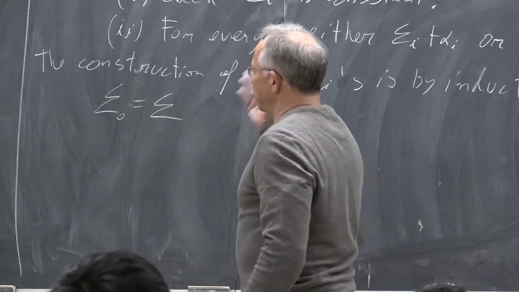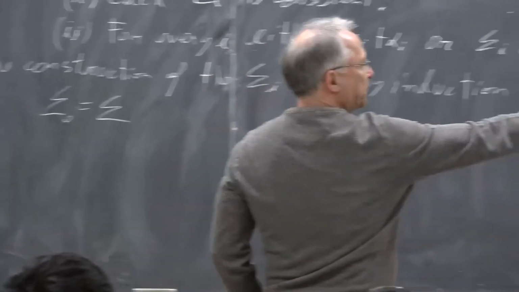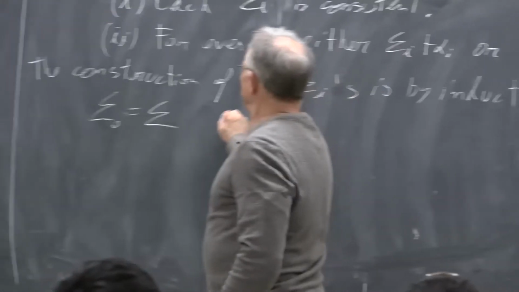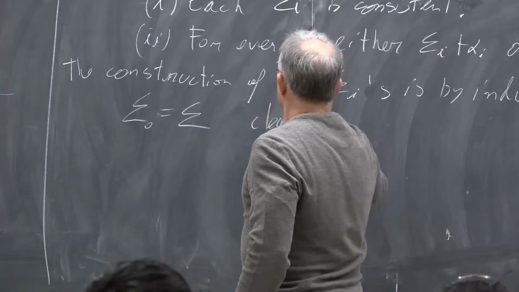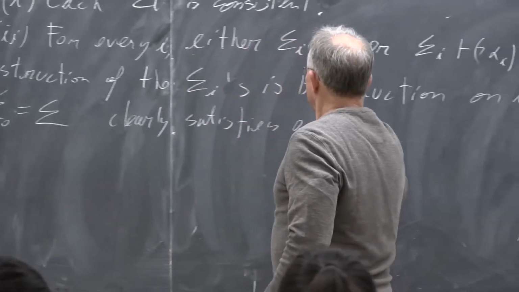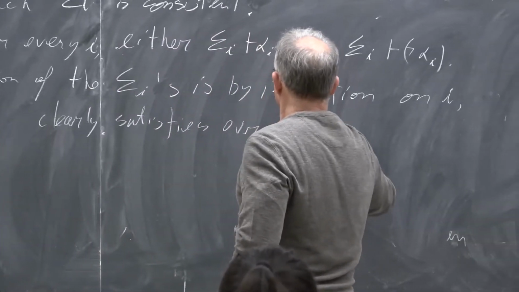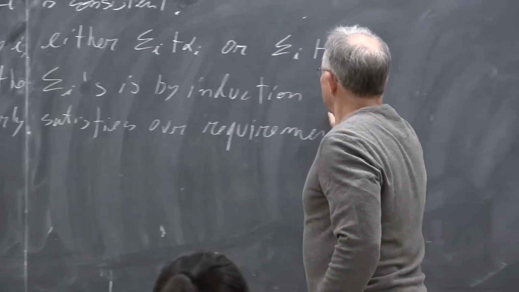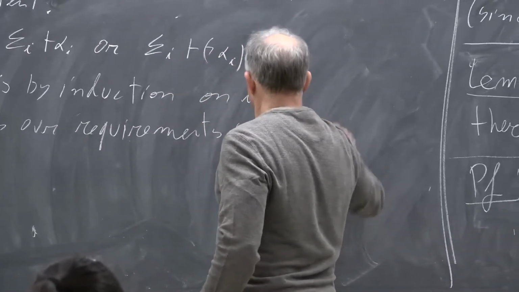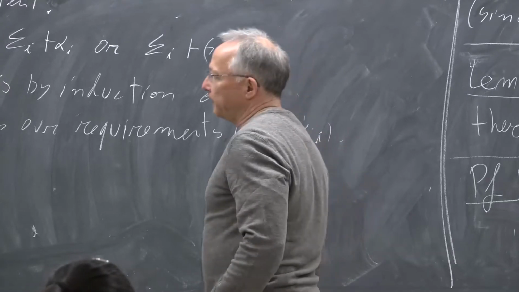And we don't have alpha 0 because our sequence starts with alpha 1, so it clearly satisfies our requirements 1 and 2, because we started from a consistent sigma.